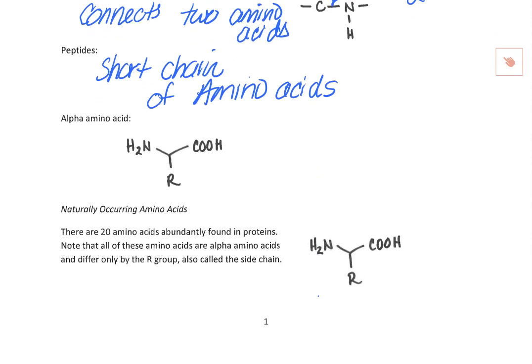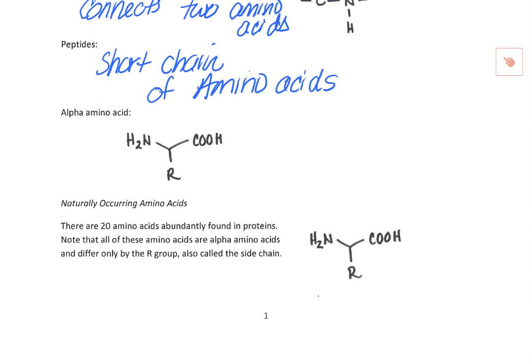So when we start looking at amino acids, there is one carbon in particular that really matters, and it's this one here that I'm highlighting in blue. The amino acid is special in the sense that there's always one carbon between the carbon of the carbonyl, which would be this one, and the nitrogen of the amino group.